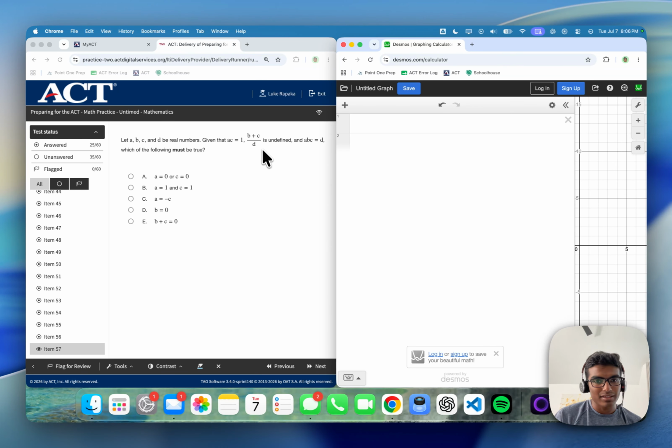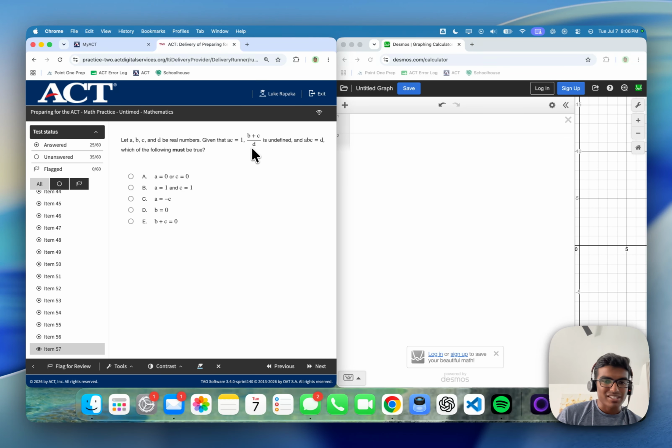AC equals 1. B plus C is over D is okay. First thing I'm seeing here, if this is undefined, I certainly know that D has to be 0, because if a fraction is undefined when you're dividing, I know that the denominator has to be 0.